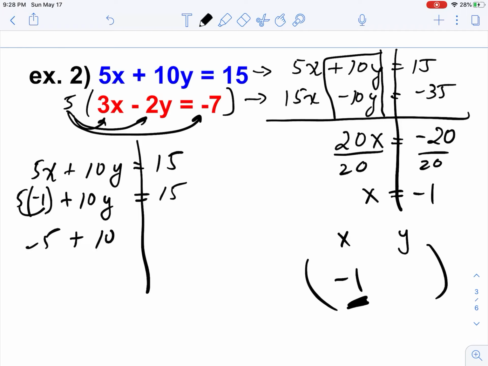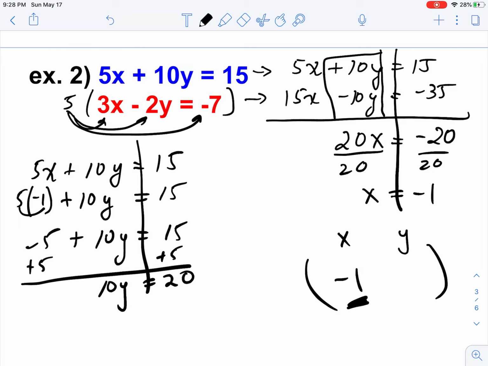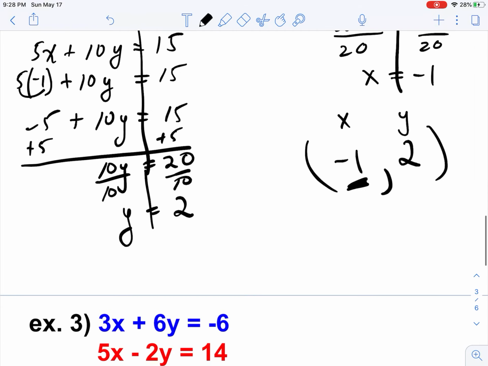So 5 times negative 1 makes negative 5, plus 10y equals 15. Add 5 to both sides. We've got 10y equals 20. Divide by 10, and you've got y equals 2. So our solution is (-1, 2).